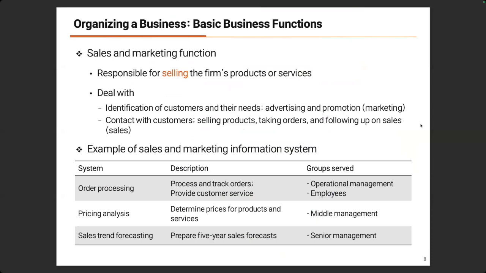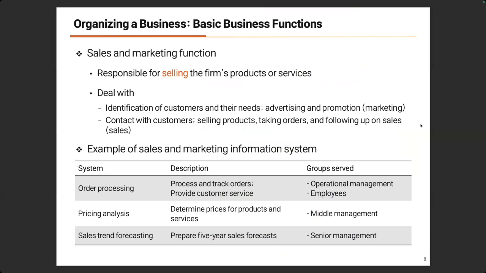The operational management and some of the employees use the order processing system. This system can process and track orders and provide some customer service. And middle management uses the pricing analysis system to determine prices for products and services.